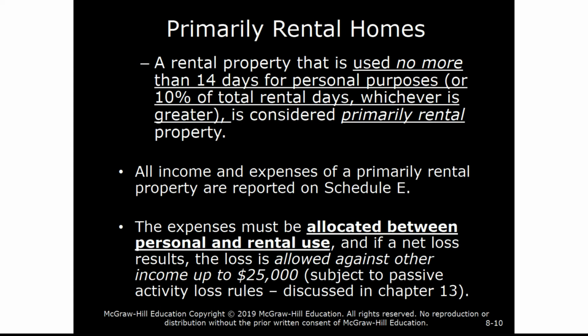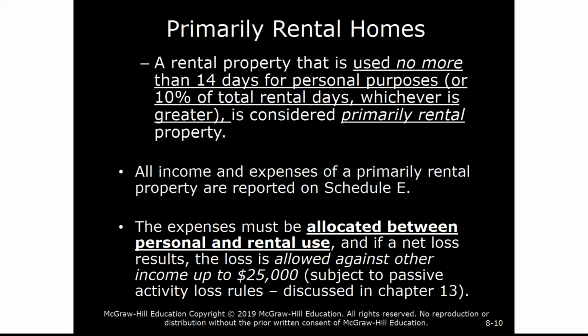Also, as I alluded to earlier, losses for rental property, when it's primarily rental, can be taken. However, generally it's only up to the point of rental income.